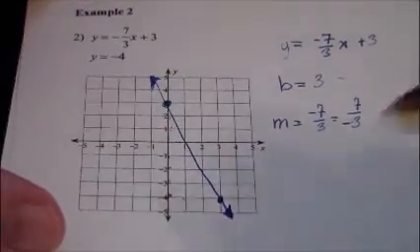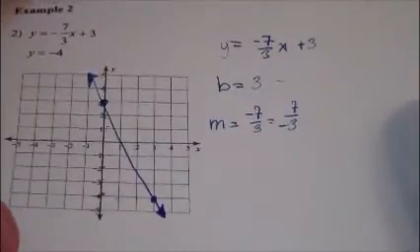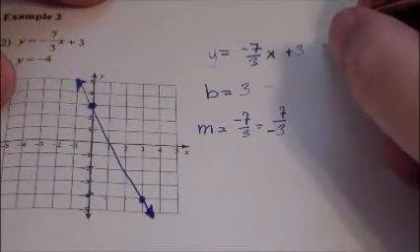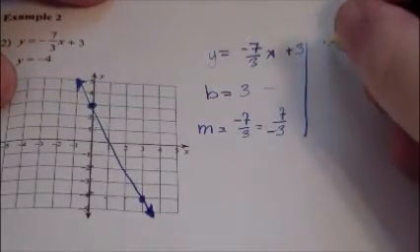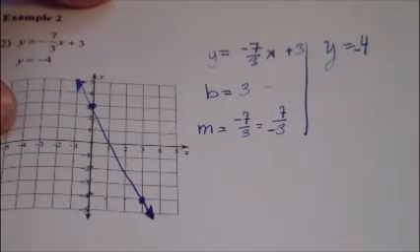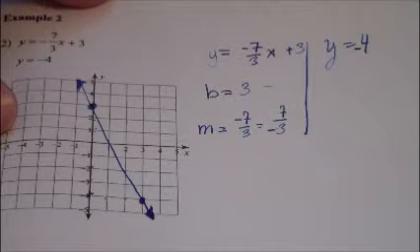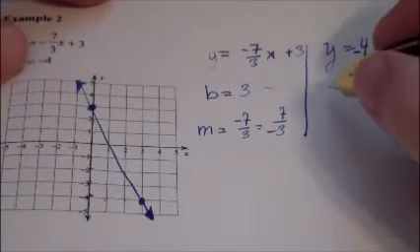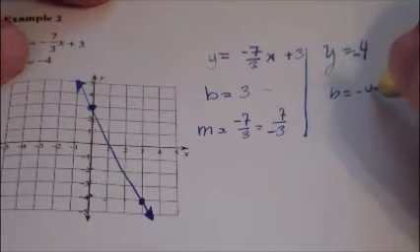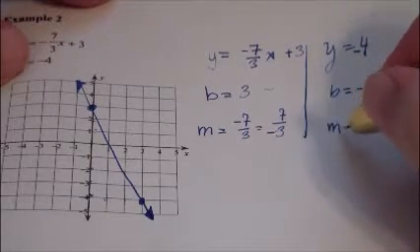Alright. Next, the second equation. Second one is y equals negative 4. This one's great because notice that there is no slope. We just have a y-intercept, and our slope is 0.